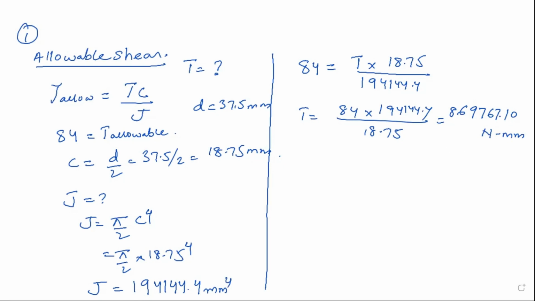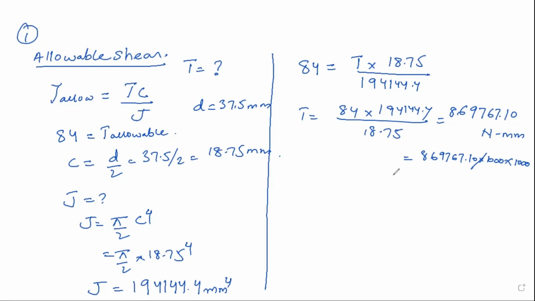To convert into kilonewton meter or any other unit, we can keep it like this. If you want to convert into kilonewton meter, divide by 1000 and by 1000 again.